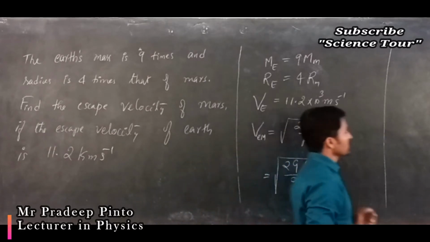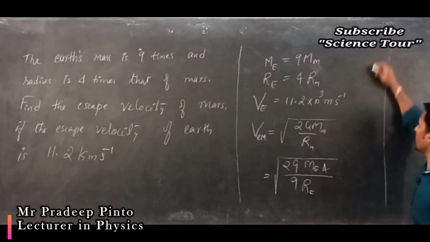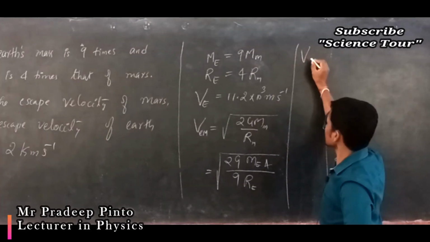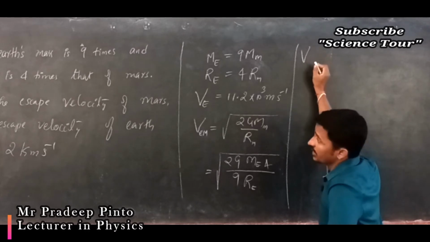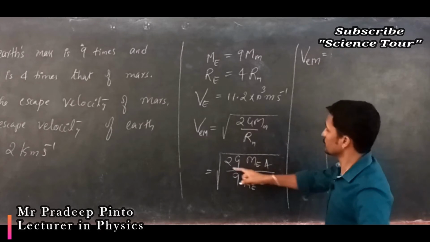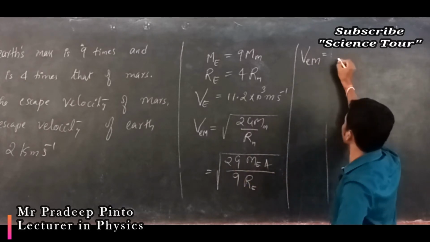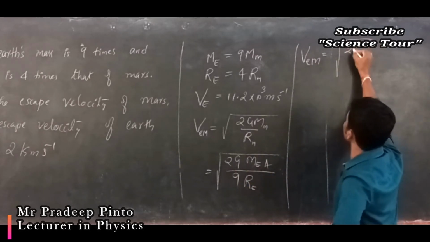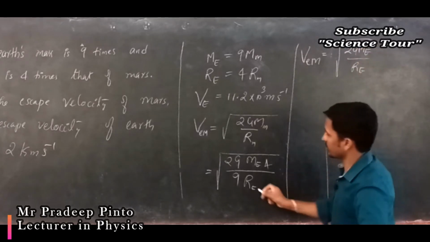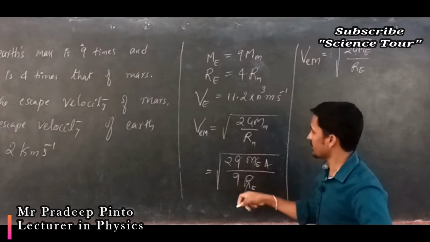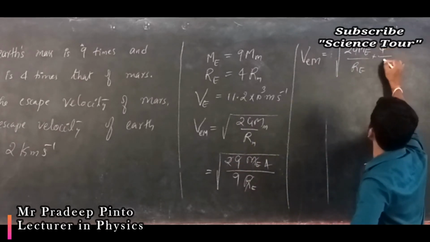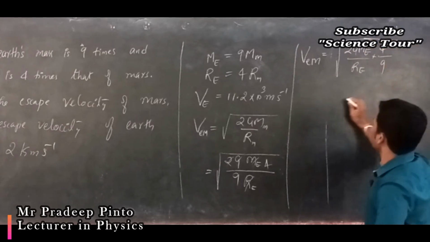So this expression I can write down: escape speed of Mars is equal to 2GM_E by R_E, I am going to write down. So this I have written, this I have written, remaining is 4 by 9 out under the square root.